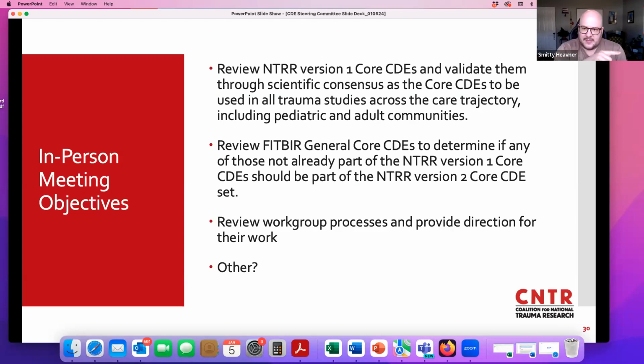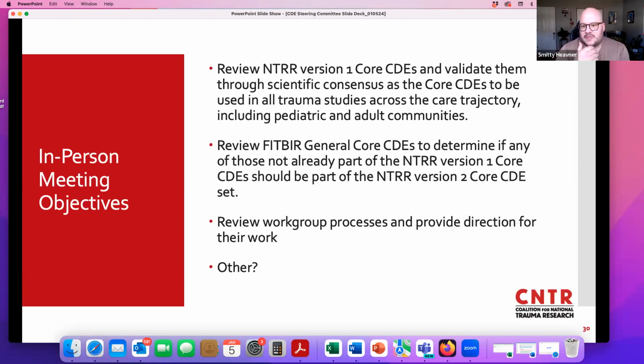The one other question that I have, I had my hand up a minute ago, I put it down prematurely. I wanted to ask about the scope. Similar to thinking about the back end, how far into the front end do we actually want to think about? Do we want to get into thinking about the feasibility of actually extracting or abstracting these data elements, or differentiating between those that would be prospective data collection where we're actually engaging with the patient versus those that would be retrospective extraction or abstraction from the EHR, for example?